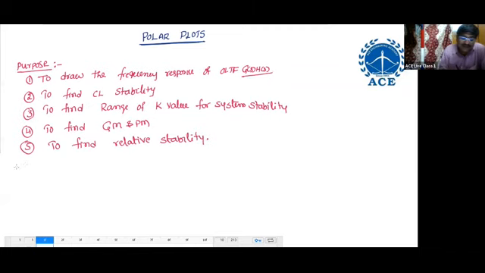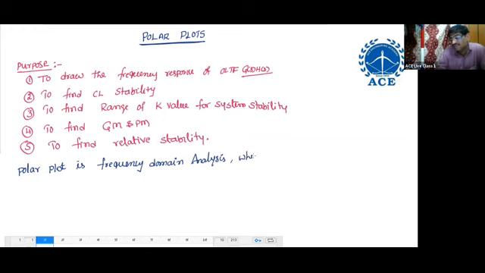Okay. First of all, what is a polar plot? Anybody? A polar plot is a frequency domain analysis which consists of the magnitude versus phase plot.